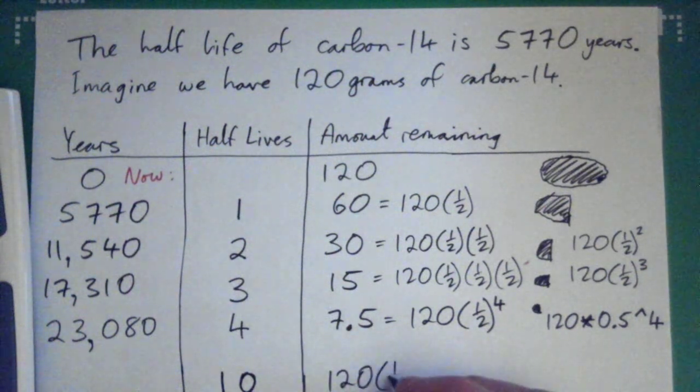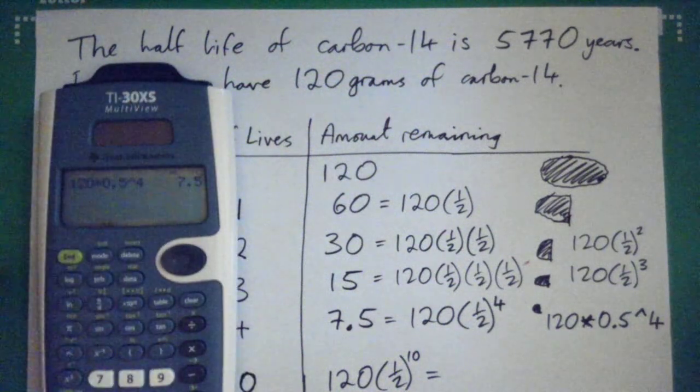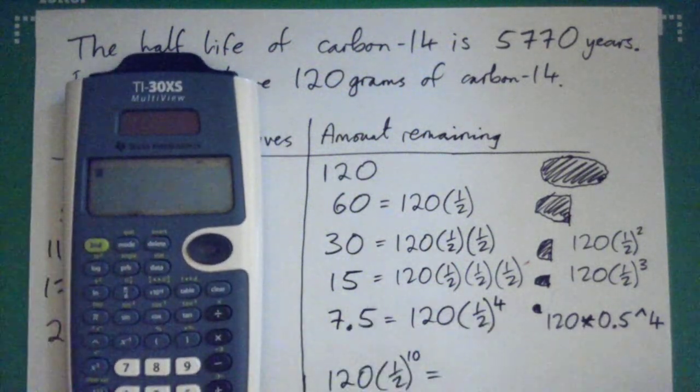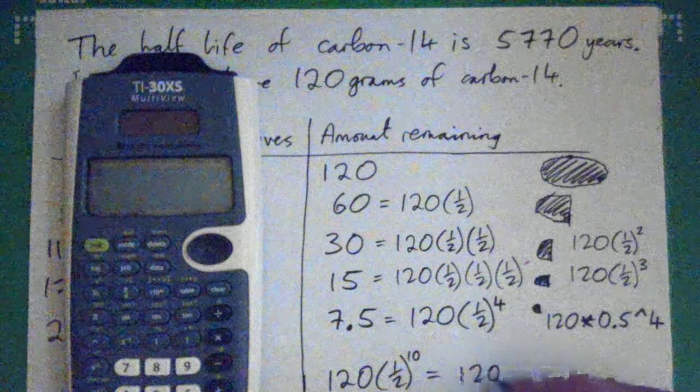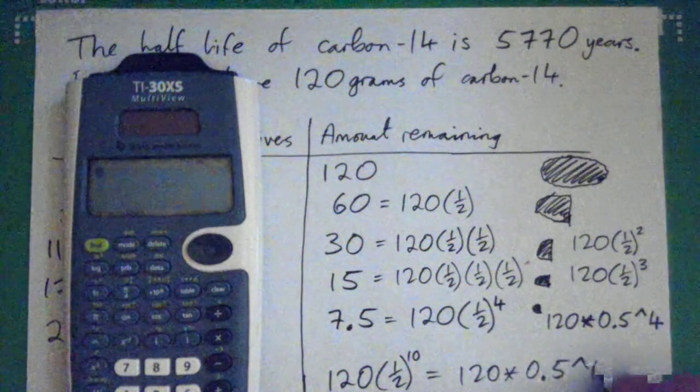So 120 times a half to the power of 10. It's going to be a very small number. That's okay though. And in a calculator, like I said, 120 star 0.5 to the power of 10.